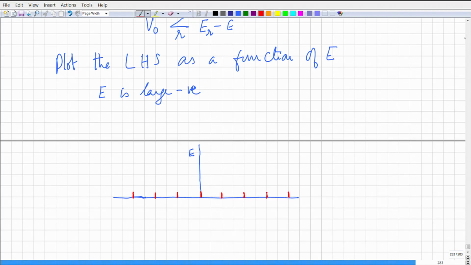Now I start from a very large negative value, and then it goes like this. When I cross this singularity, it changes sign and goes to plus infinity, and when it approaches the next one, it comes like that.